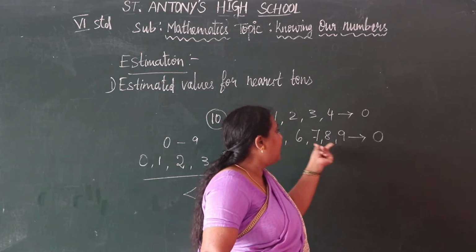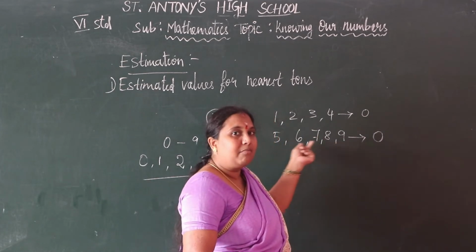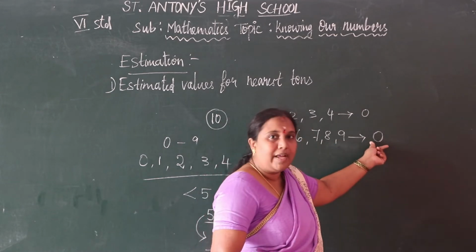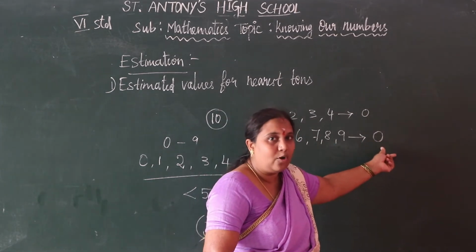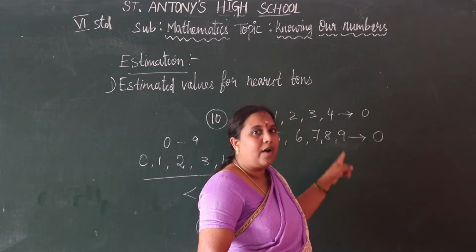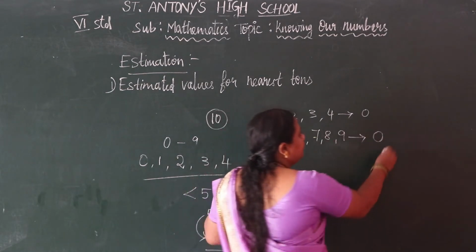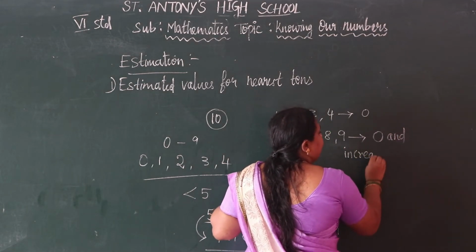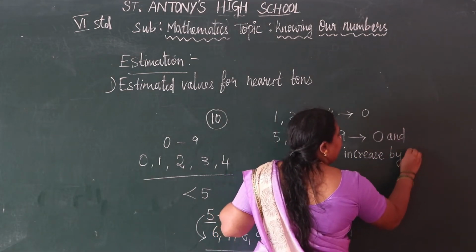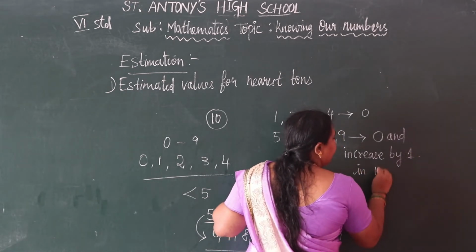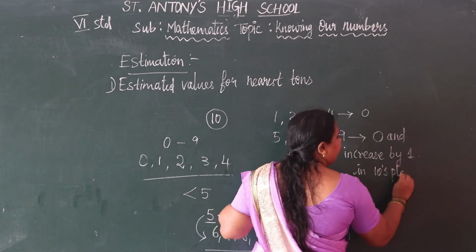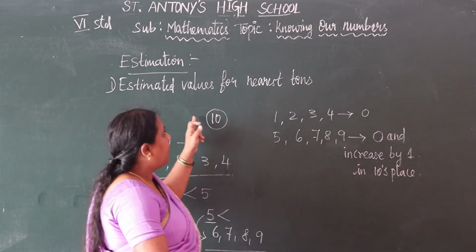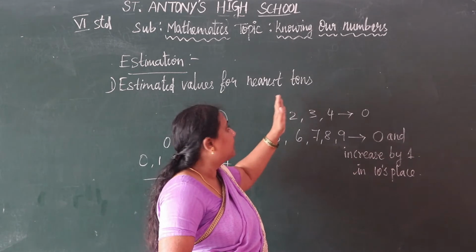But if 5, 6, 7, 8, 9 comes in the units place, we write 0 in the units place and increase by 1 in the tens place. See the first concept, estimated values for nearest tens.